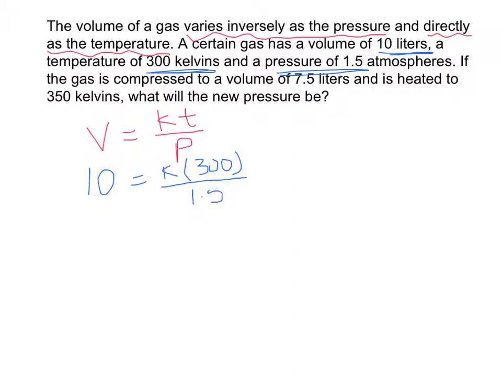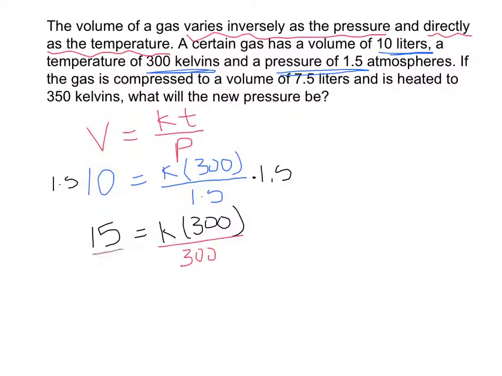So if we want to find K, first thing we're going to need to do is multiply both sides by 1.5. So 15 equals K times 300. Now we can just divide both sides by 300 and we'll get our constant in this problem. So our constant, 15 divided by 300, is 0.05.